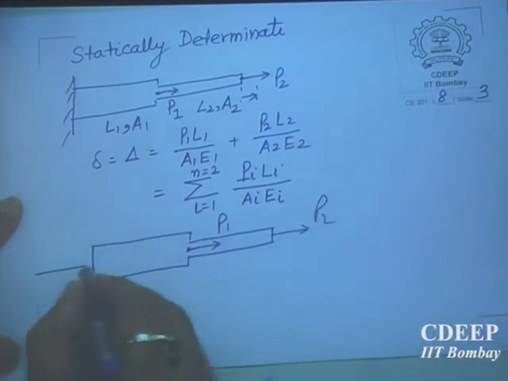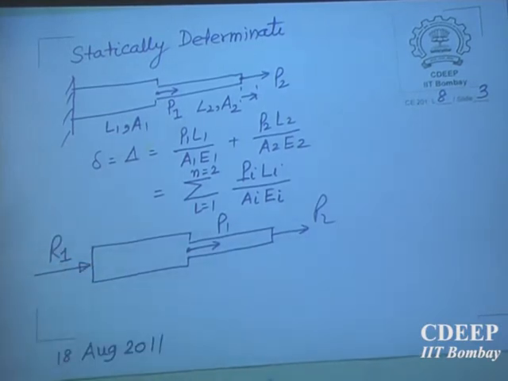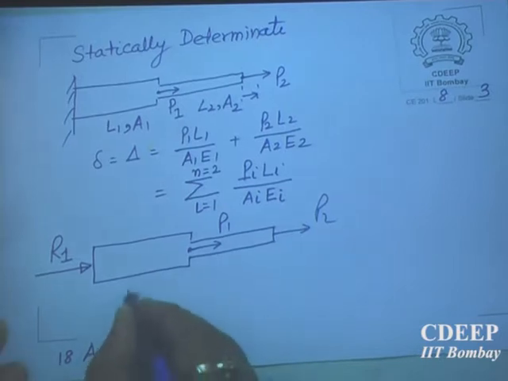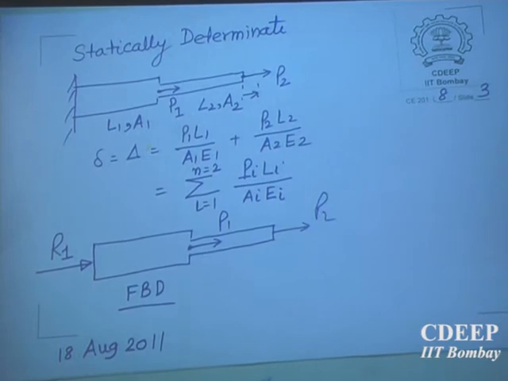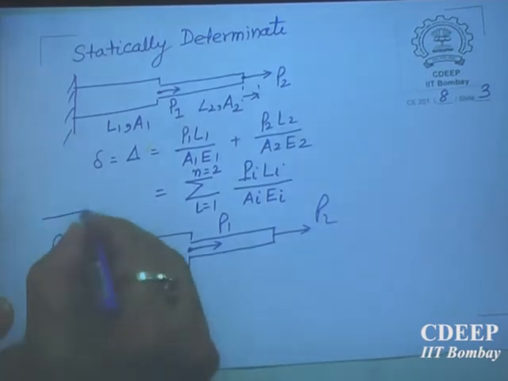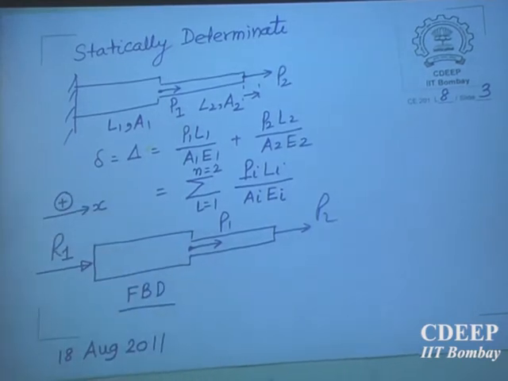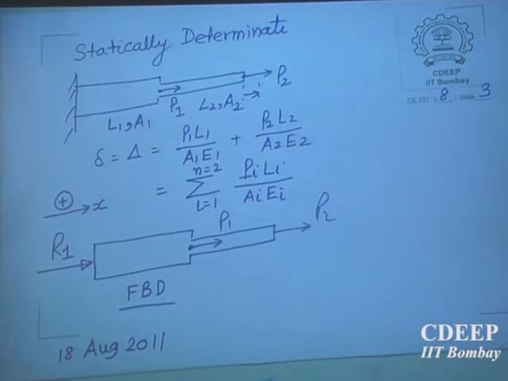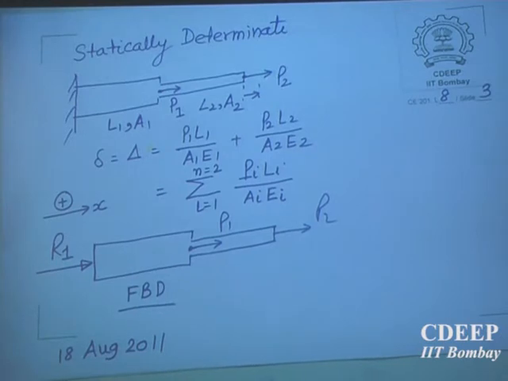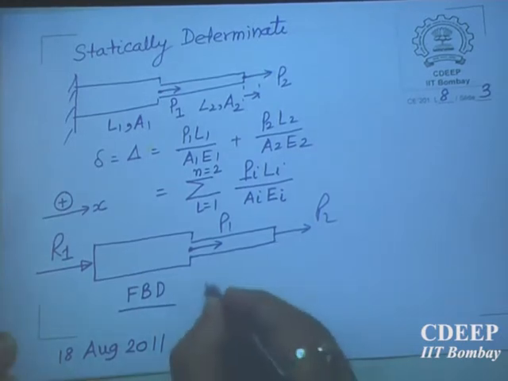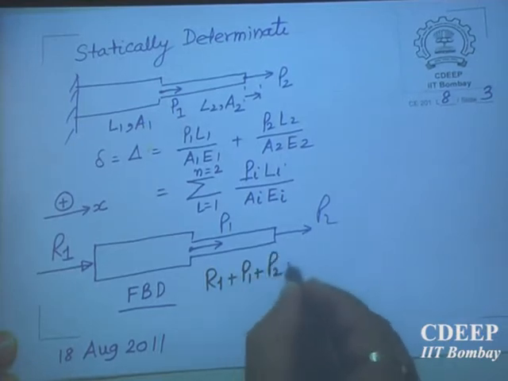There is some reaction. Yes, this is the free body diagram. I don't know the direction of R1, so I have drawn everything positive in the positive x direction. I have taken all the forces. So I can find out R1 here. The unknown reaction at the support, I can write equilibrium: R1 plus P1 plus P2 equal to 0.